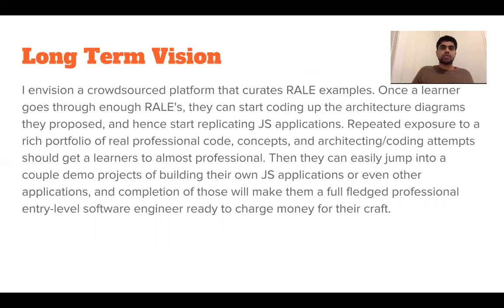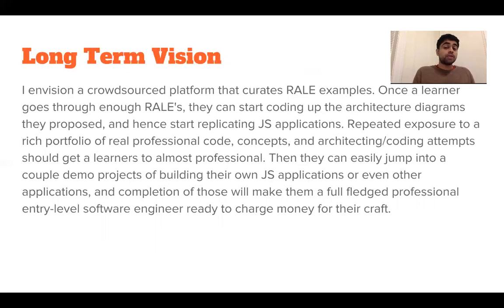How does this fit into my long-term vision for Rail, and how does it fit into Hauchi and Nell and the group's overall long-term vision for Rail? Well, I envision a crowdsourced platform that curates Rail examples, and once a learner goes through enough Rail examples, they can start coding up architecture diagrams that they proposed.